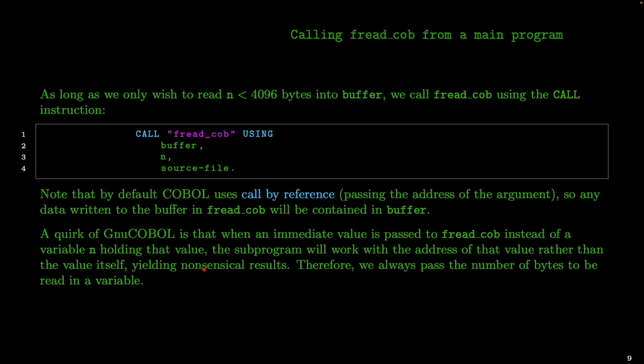And of course it would yield nonsensical results in the computation. So to prevent that, I will always pass the number of bytes that I want to read in a variable rather than as a constant that I supply immediately here in the call.